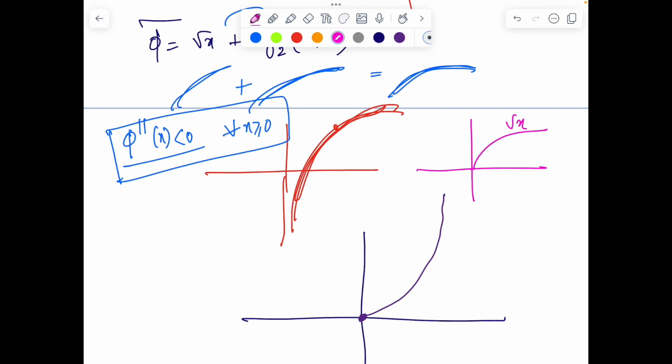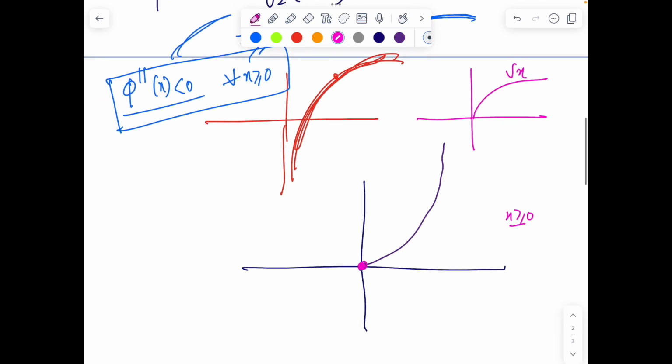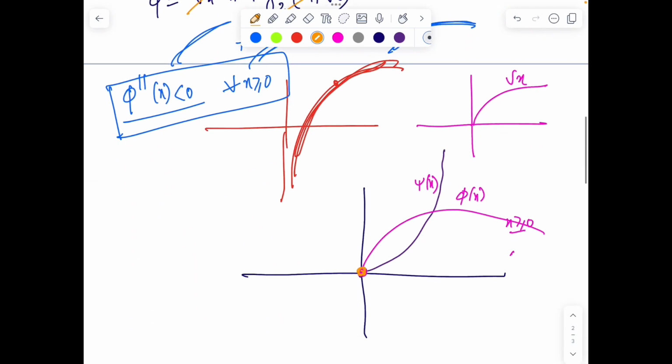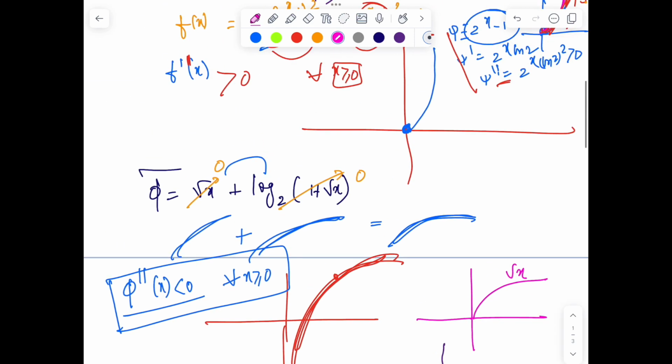Since psi 0 is 0 and it's concave up for x greater than or equal to 0, and phi of x is going to be concave down, and fortunately phi of 0 is 0, which we can check, since at x equals 0, log 1 is 0. So we'll have one point of intersection at 0 and another point of intersection at alpha. That's the only two points of intersection that we got, and the number of solutions for this equation is 2.